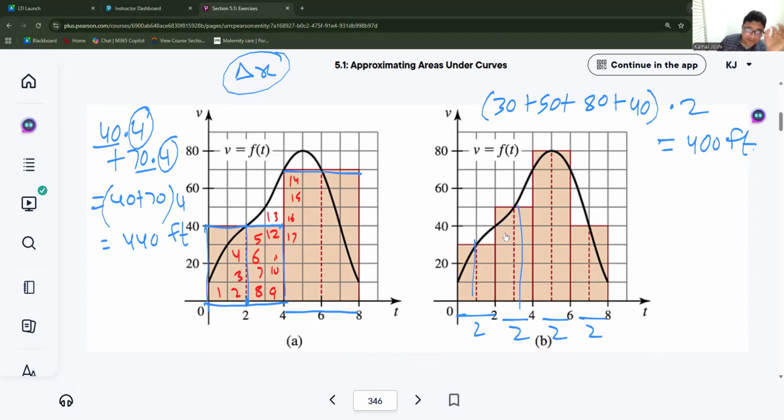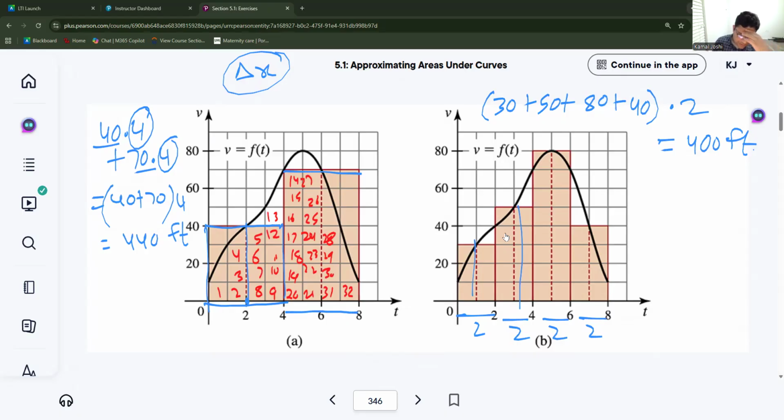Any squares that are under the curve and fully included, I'm counting them. 18, 19, 20, 21, 22, 23, 24, 25, 26, 27, 28, 29, 30, 31, 32. So these are the squares which are fully included, so 32 of them.